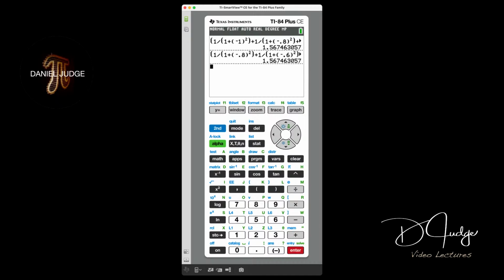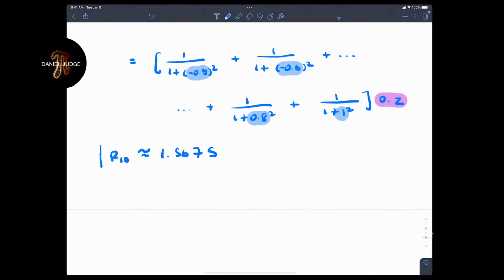It looks to be the same, which is kind of interesting. This would be R10, which is approximately 1.5675 to 4 decimal places, ladies and gentlemen. So that's pretty interesting there.